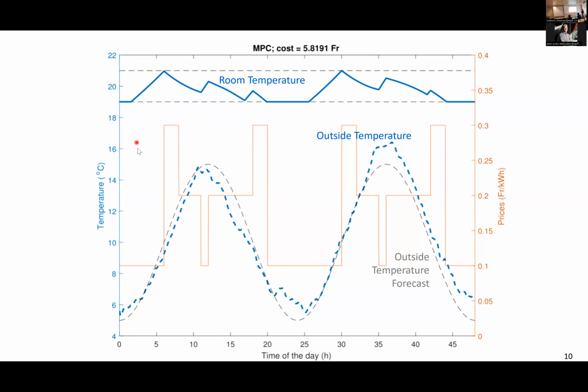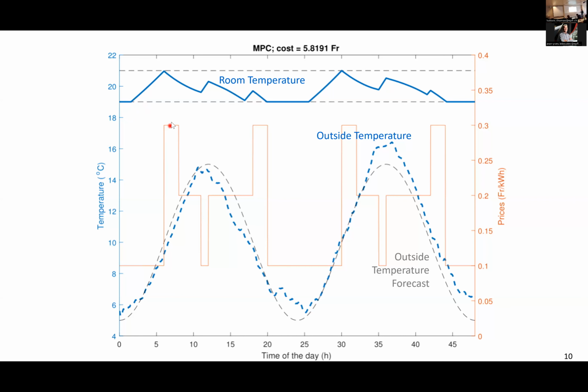We see that at night we were at 19 degrees, and towards the end of the night we start heating up to 21 degrees. And why do we do that? Well, because we know that very soon electricity will be very expensive. So we are at 19 degrees, so the temperature will drop if we do nothing, and we will need to heat at this time when electricity is very expensive.